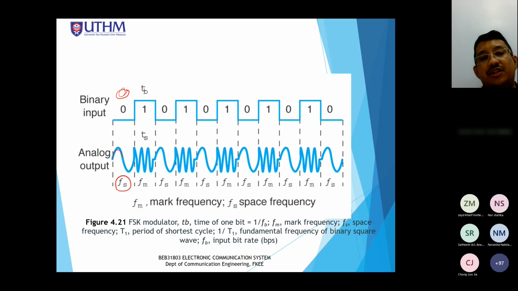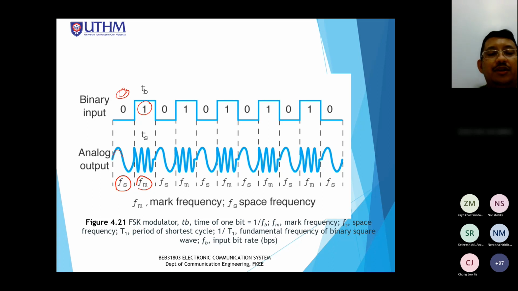Space frequency represents logic 0, a low frequency. For input logic 1, it will produce a high frequency at the output. For the high frequency, we call it FM, the mark frequency. Mark frequency is the high frequency, which is assigned to input logic 1.